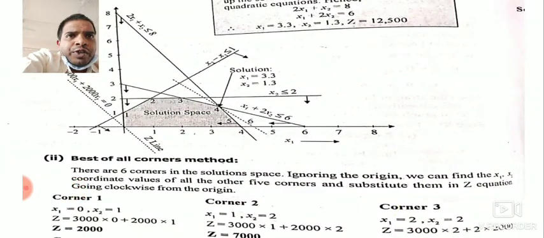We need to choose the space which satisfies all these constraints. The shaded part we can call the feasible solution space. For that space, again we are getting 5 corners.